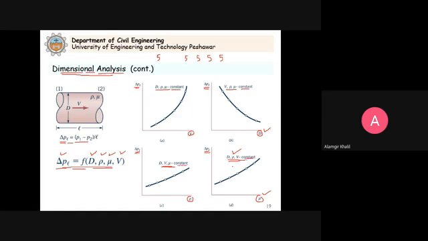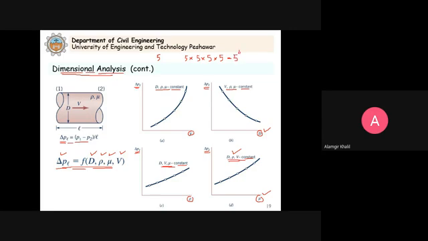If you want to test the full matrix, if you want to get these 5 values for the full range, then it will be 5 into 5, 5 into 5, which means 5 to the power 4.